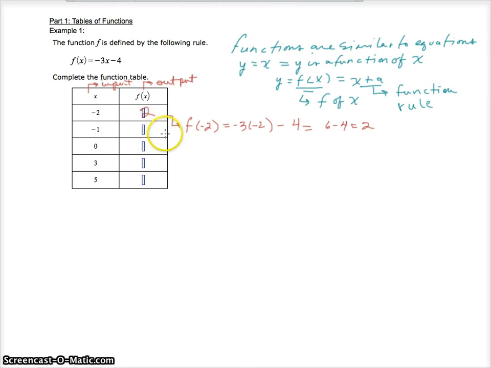Now I'm going to plug negative 1 in a similar fashion. F of negative 1 equals negative 3 times negative 1 minus 4. Negative 3 times negative 1 gives me 3 minus 4. 3 minus 4 is negative 1.